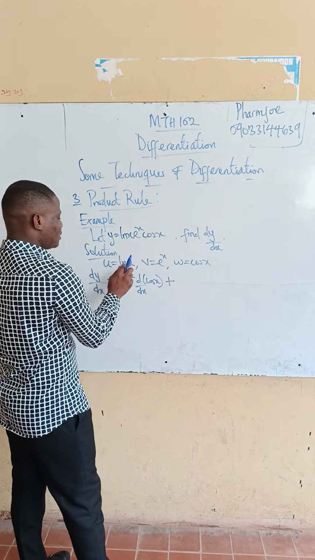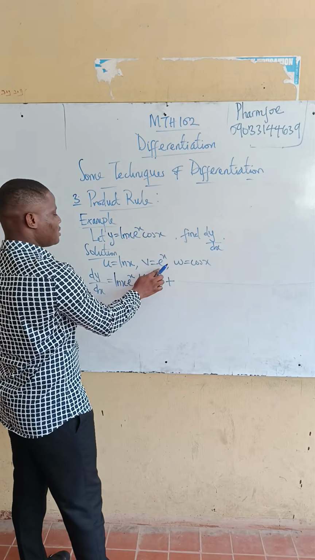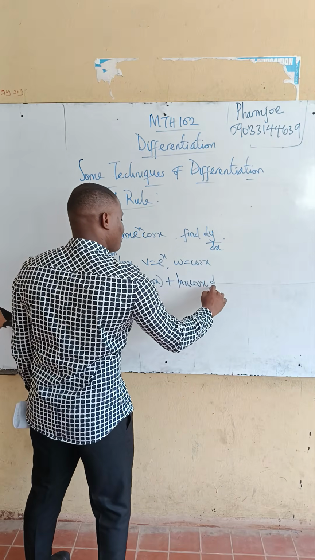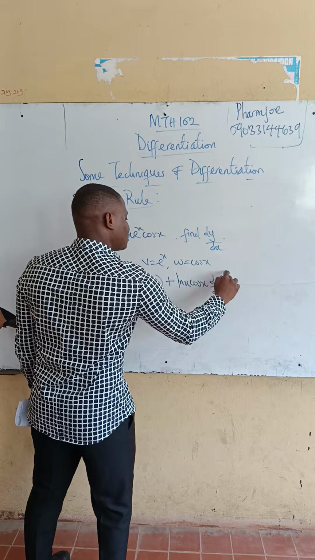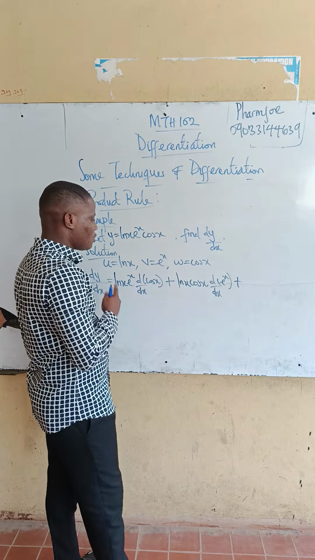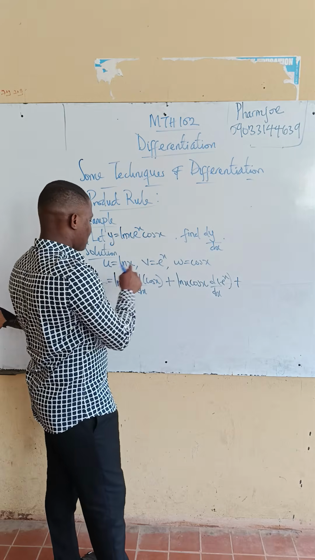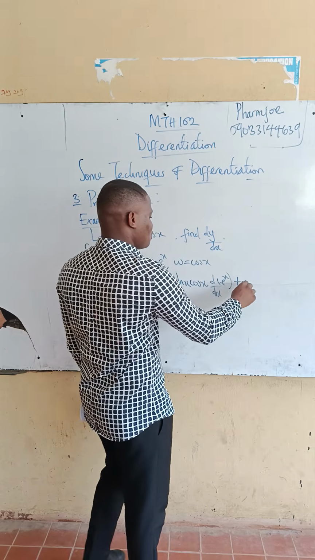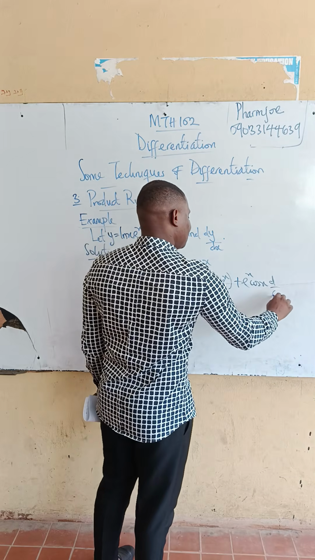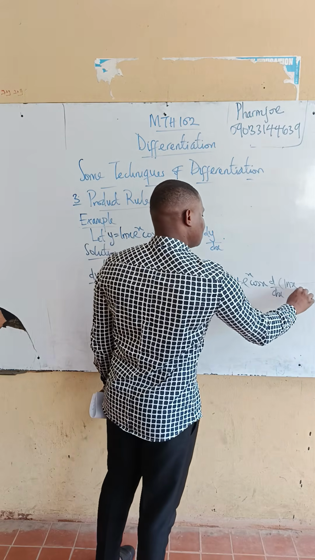So let us also keep this and this, and we'll differentiate w. So let's keep ln x cos x, and we differentiate exponential x. Plus, now which one should I keep? This and this, and I will differentiate ln x. So plus exponential x cos x, then I differentiate ln x.